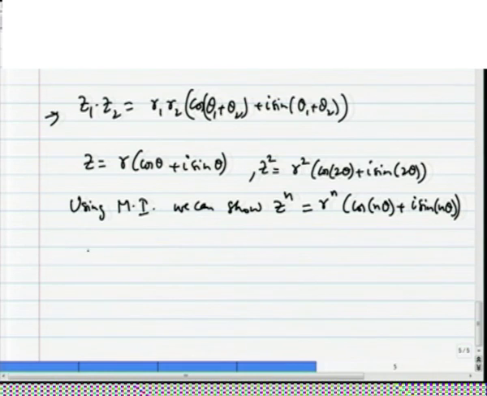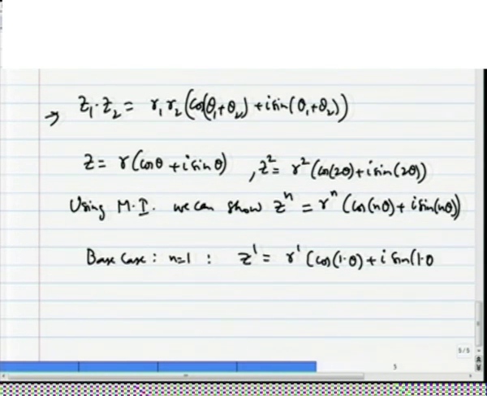The base case is clear. Base case n equals 1. So, then z power 1 is equal to r power 1 cosine 1 times theta, which is theta, plus i times sine 1 times theta, which is sine theta. Okay. So, this is true.